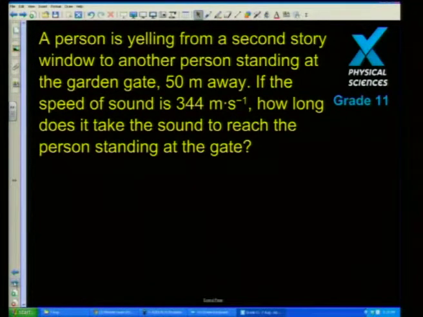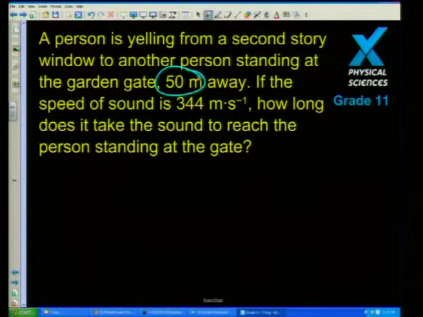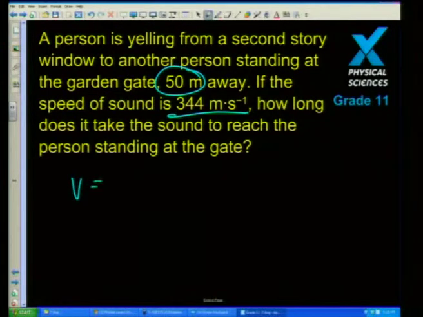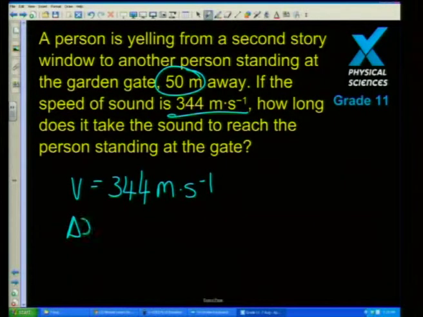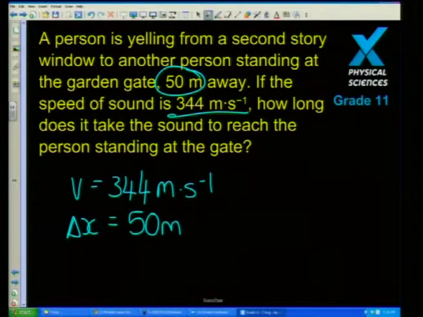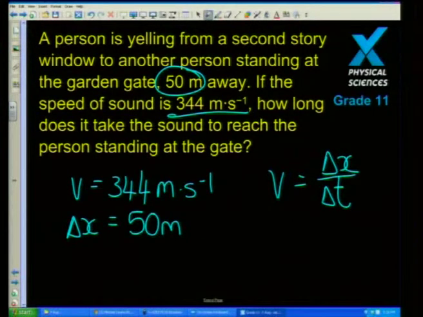So, what do we know? We know that the person is 50 meters away. Sound travels at 344 meters per second. So V equals delta X over delta T. We want time.